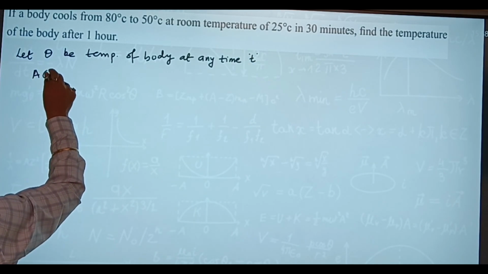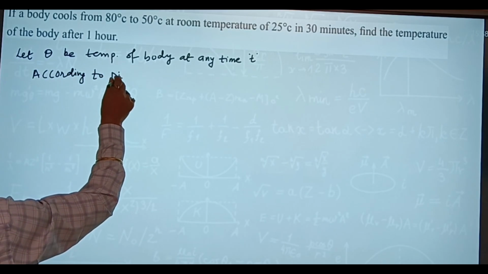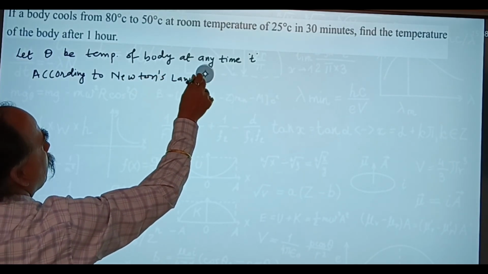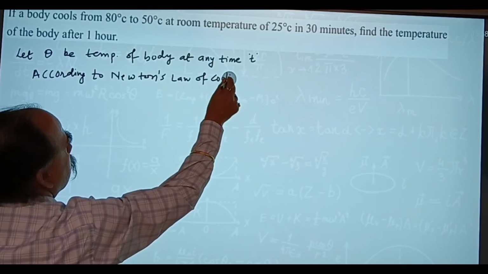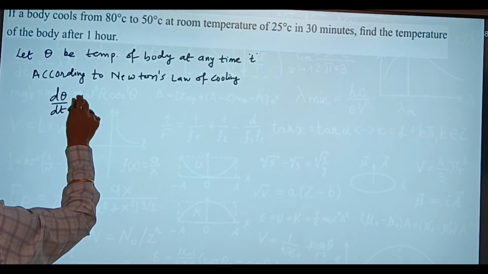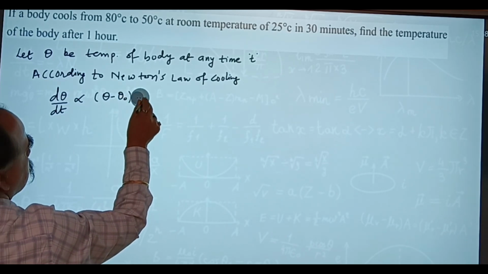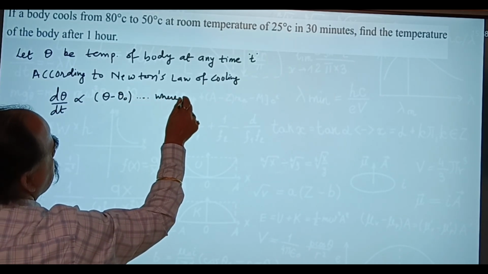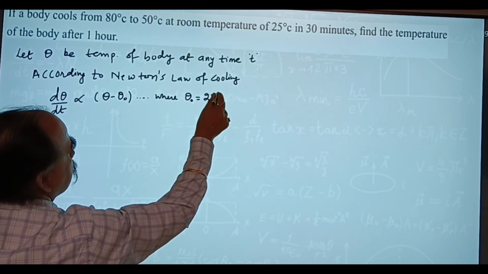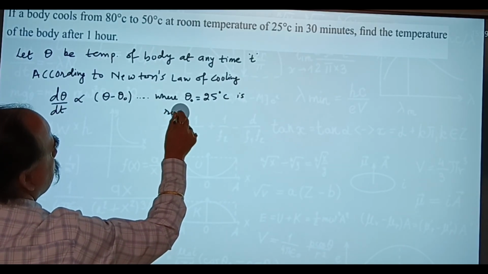According to Newton's law of cooling, d theta by dt is proportional to theta minus theta naught, where theta naught is equal to 25 degrees Celsius, is room temperature.